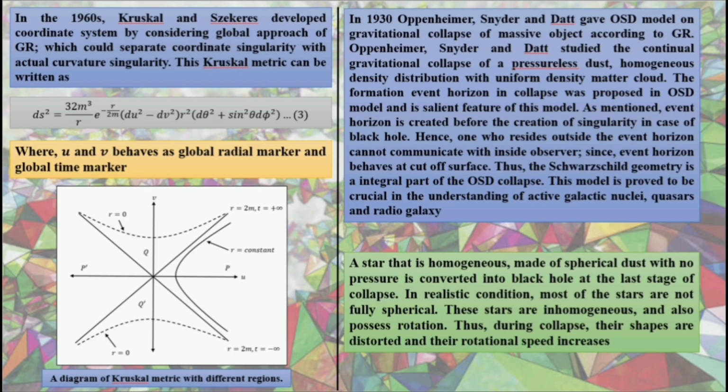The event horizon is created before the creation of the singularity in the case of a black hole. Hence, one who resides outside the event horizon cannot communicate with an inside observer. Since the event horizon behaves as a cutoff surface for the outside observer, the Schwarzschild geometry is an integral part of OSD collapse. This model is proved to be crucial in the understanding of active galactic nuclei, quasars, and radio galaxies.